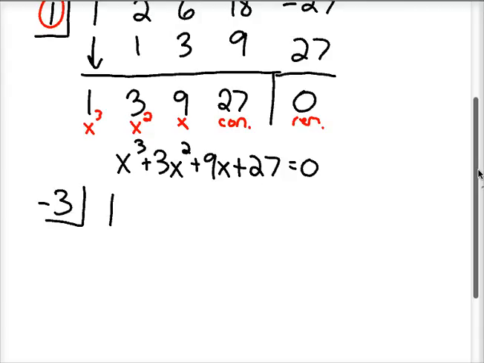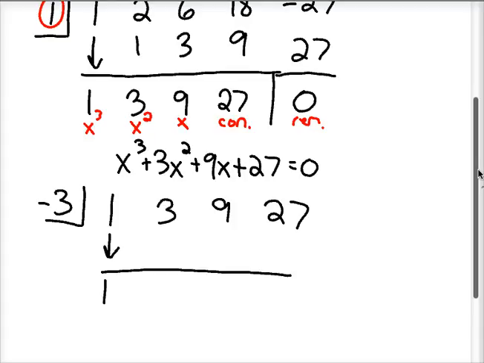So the 1x cubed, 3x squared, 9x, 27. I'm now going to pull -3 out of that. I'm going to pull the second solution out of that, because then I'll have a quadratic left that I know how to solve. So I'm going to use synthetic division a second time.